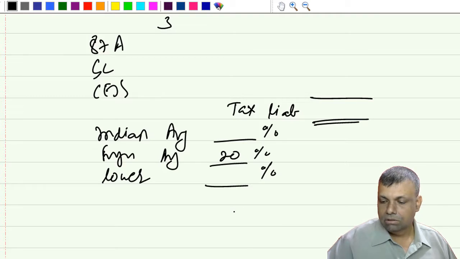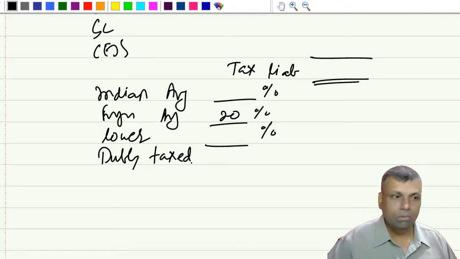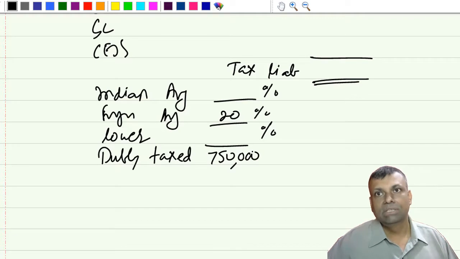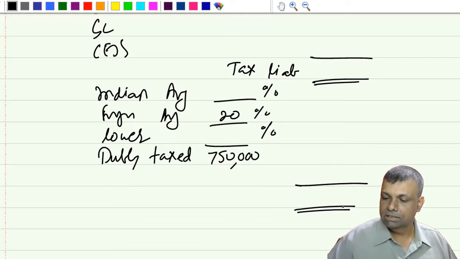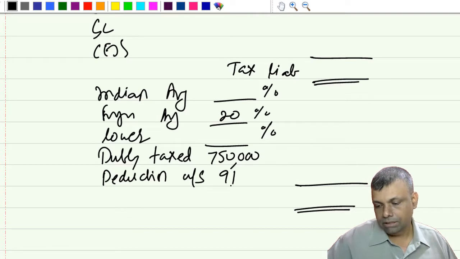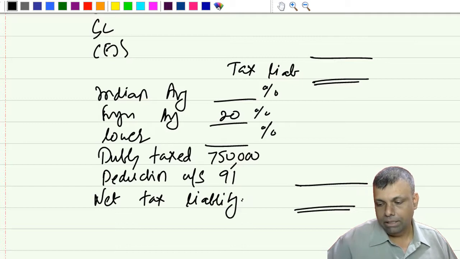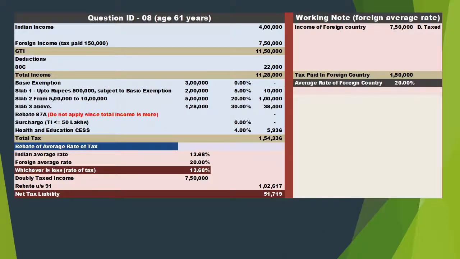Take whichever is lower in terms of percentage. The doubly taxed income in the given question is the full amount of 7,50,000. Multiply it with the lower percentage to get the deduction under section 91, and you will get the net tax liability. This is going to be your net calculation. Update your answer fully.